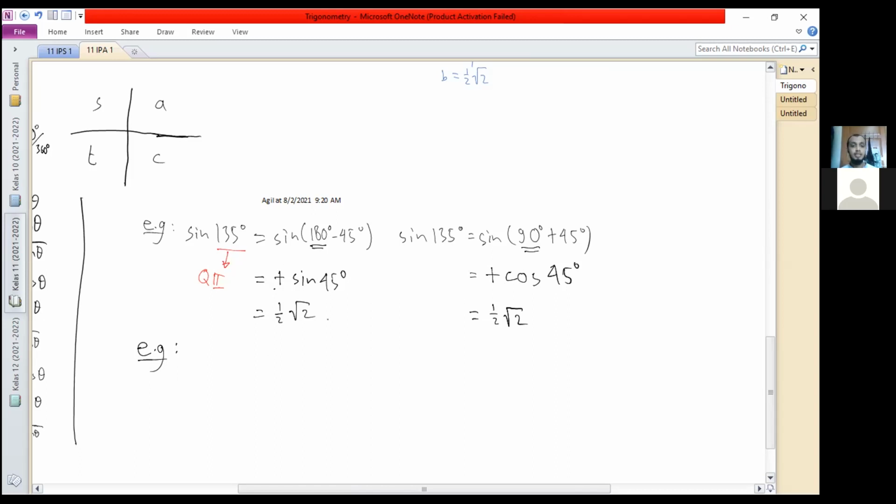Okay, next let's give one more example. Let's give you an example of cosine of, let's say, 240 degrees.